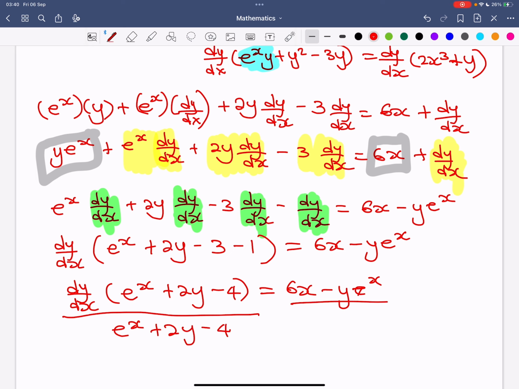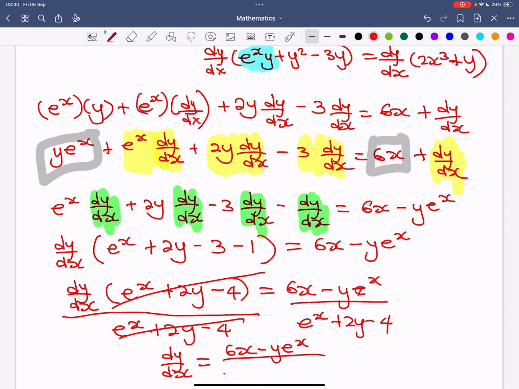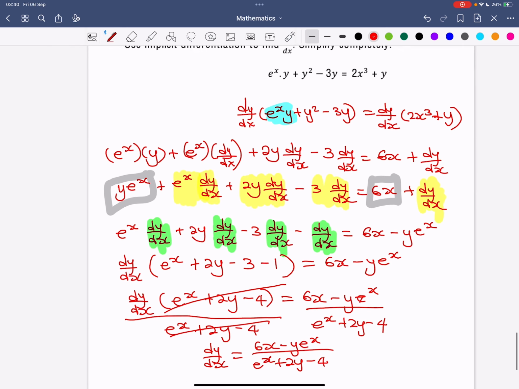Cancel this part, and dy over dx for this problem equals 6x minus y e to the x all over e to the x plus 2y minus 4. That's your final answer in solving this problem.